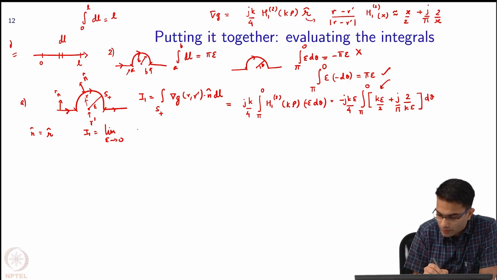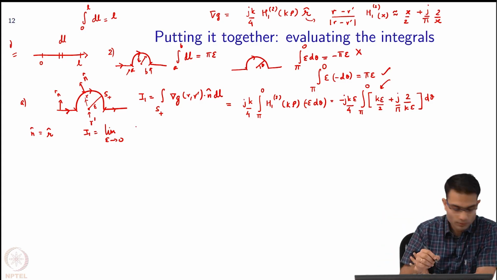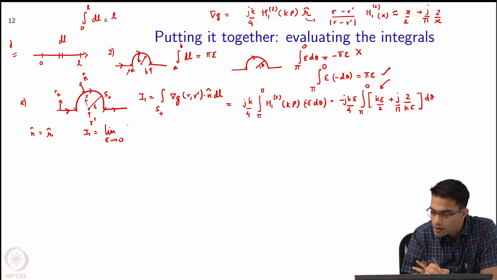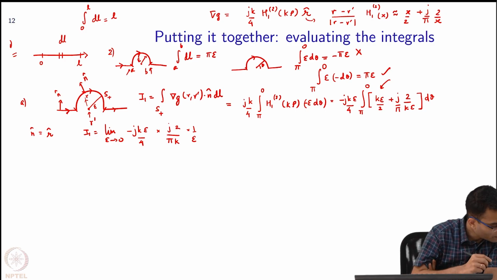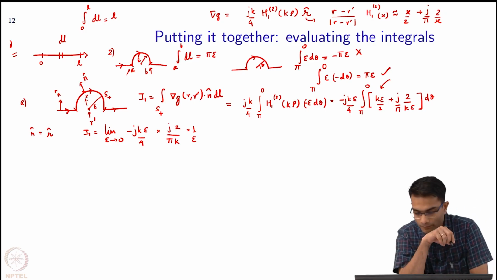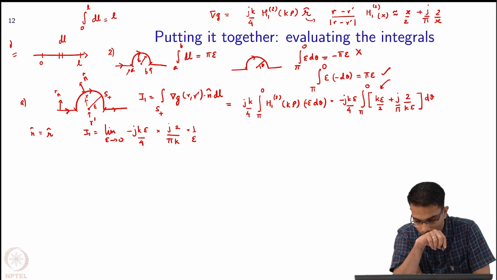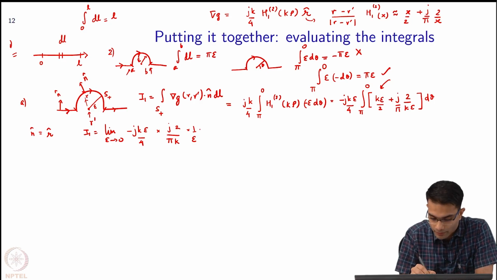So, I am going to get minus j k epsilon by 4 into j 2 by pi k, 1 by epsilon, into minus pi.